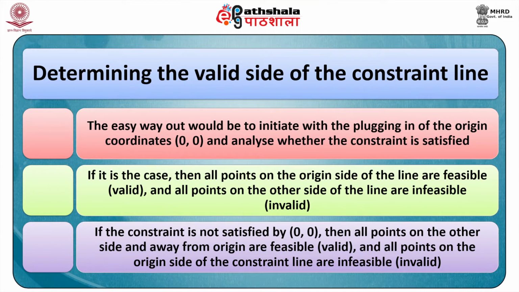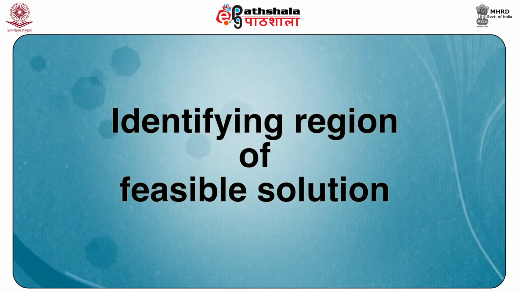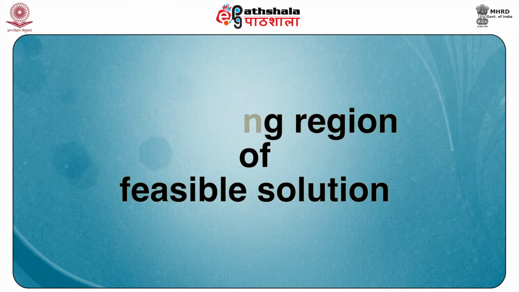If the constraint is not satisfied by 0, 0, then all the points on the other side, away from the origin, are feasible, that is valid, and all the points on the origin side of the constraint line are infeasible, that is invalid.